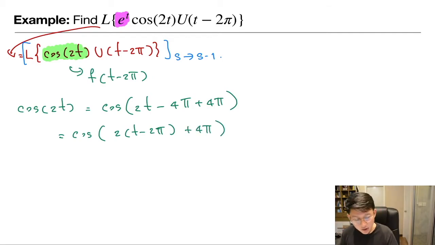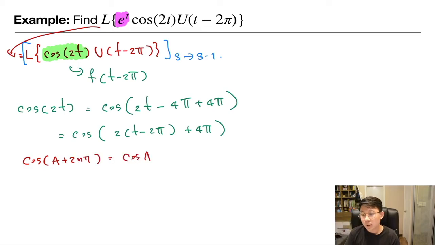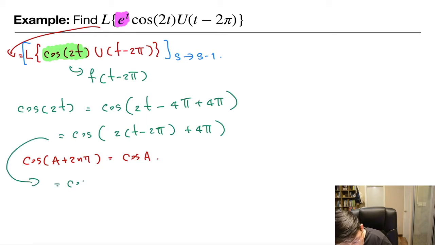Guys, from trigonometry, you know that cos of a plus 2n pi is the same as cos a, right? Because whenever you add 2 pi, 4 pi, 6 pi, 8 pi, you get back to the same place, because the whole circle is 2 pi. Okay, so this is the same as cos of 2t minus 2 pi.